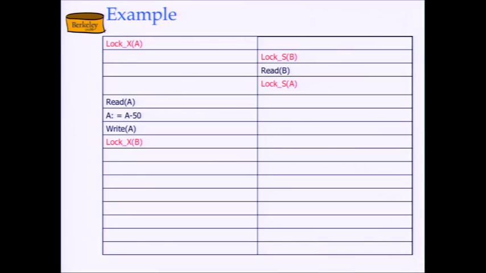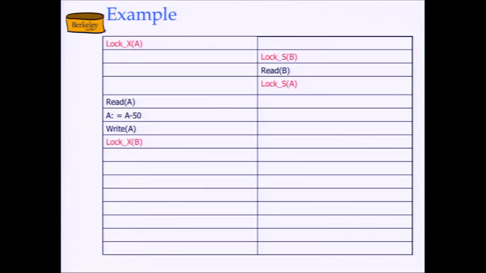It's going to contain the granted group of transactions, which is currently T1. It's going to contain the lock mode, which is currently exclusive. And it's going to have a wait queue for A, which is currently empty. Okay? Right? That's what's in the lock table for A.